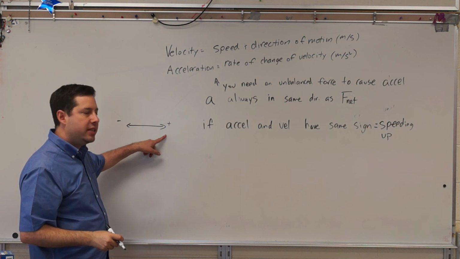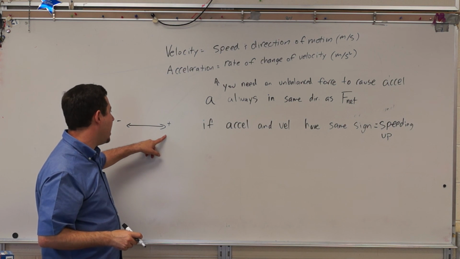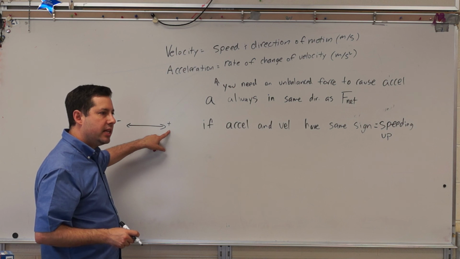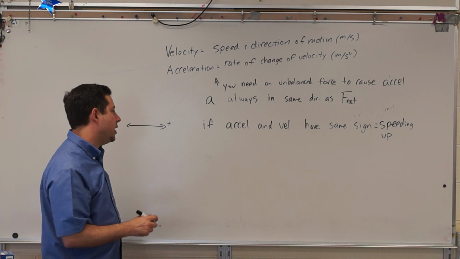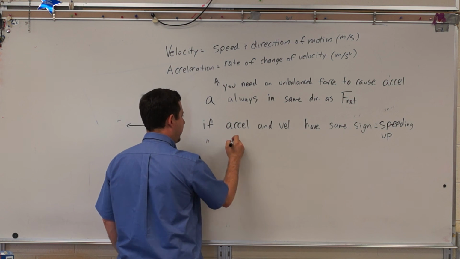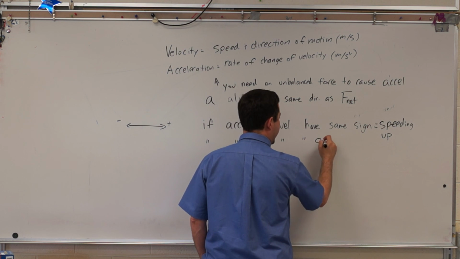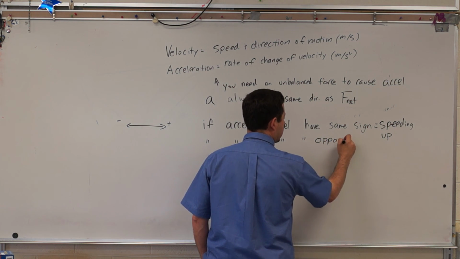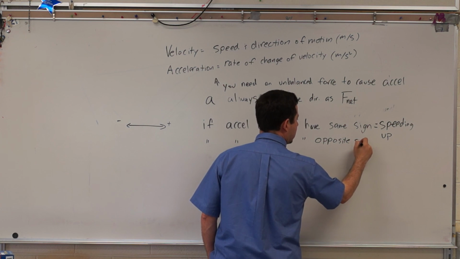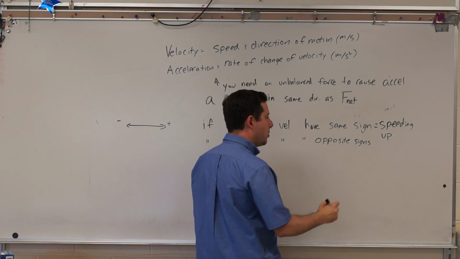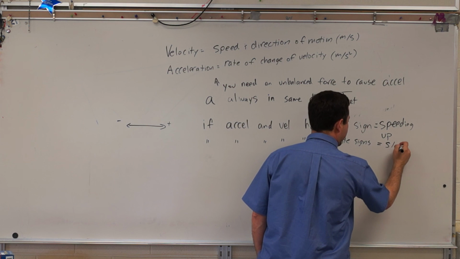If they're both moving to the east, they both have the same sign, and the acceleration's to the east also, then it's speeding up. If acceleration and velocity have opposite signs, meaning they're in opposite directions, that is slowing down.